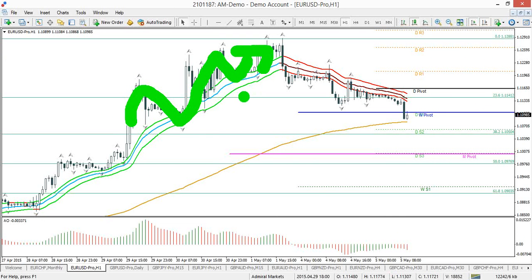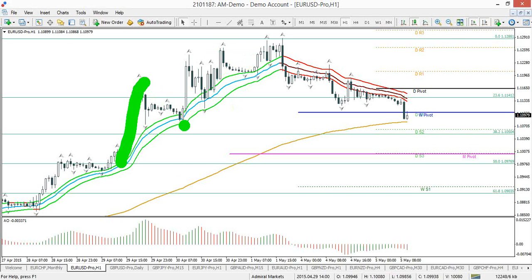Typically, the wave 5 is shorter than the wave 3, and the wave 3 is shorter than the wave 1, and it seems to be so, just quickly measured. So yeah, I think that is an ending diagonal. Totally agree. Good point. Good. Thanks for the reminder.